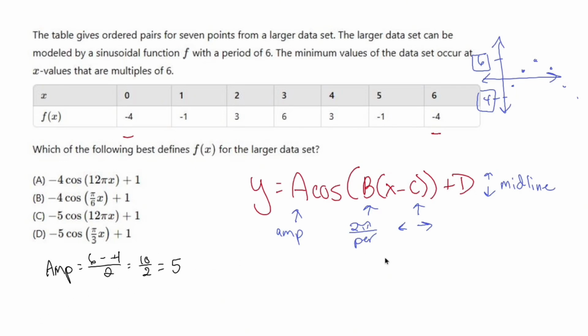My midline is very similar, but you add the numbers. 6 plus -4 all over 2, which is going to be y equals 2 over 2, which is 1. So the amplitude is 5, the midline is 1. Now, if I go up and then down, this is my period right here.